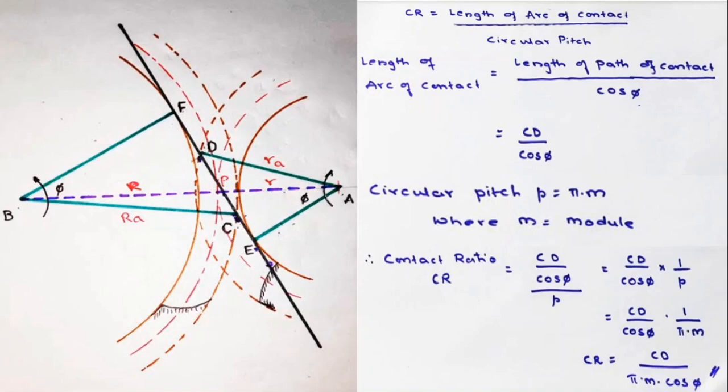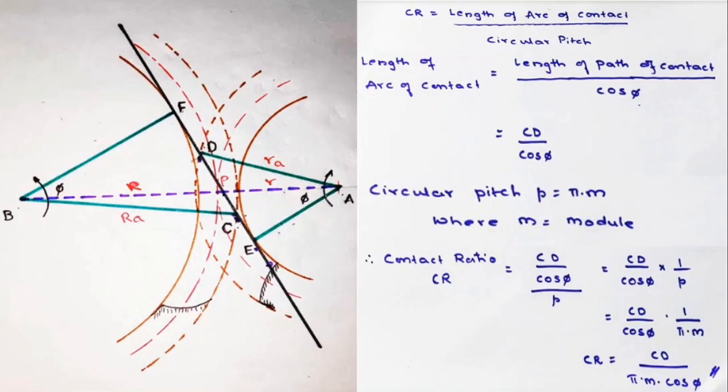The third point that is very important here: the larger the contact ratio, the more quickly the gears will operate. That is, if we have a gear having a very large number of teeth compared to that of the pinion, say for example the gear has 100 teeth and the pinion has only 10 teeth, then the contact ratio will be very high.